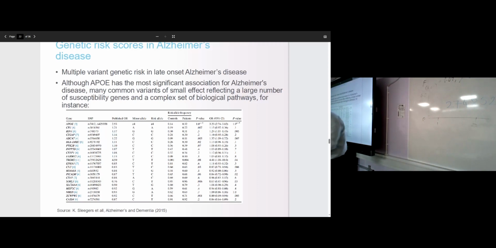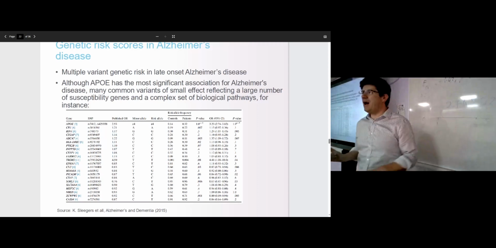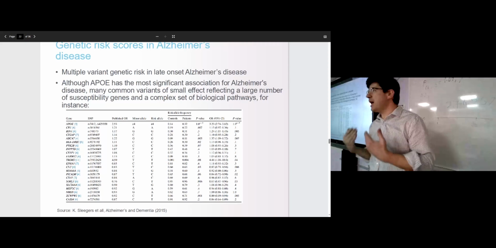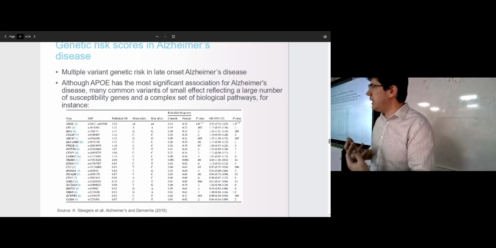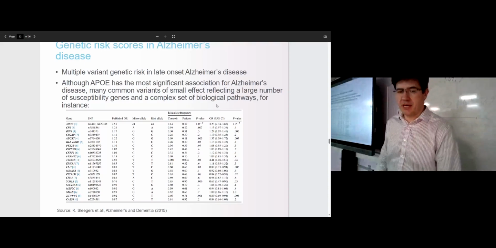So still quite confusing. But again, it's a new tool that we now have that we didn't have before, and it helps us have a much more tailored, specific approach for treating patients and diagnosing patients.